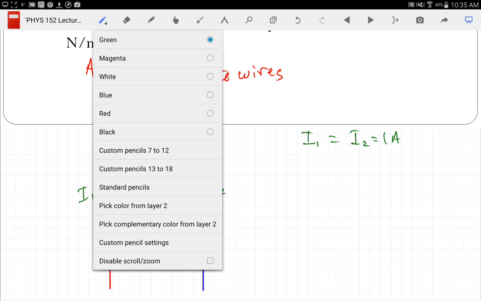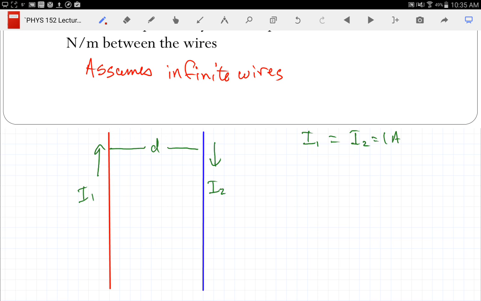So I'm going to have two equations I'm going to have to utilize. I'm going to have B equals mu naught I over 2 pi r. That's the magnetic field produced by a wire with current I going through it at a distance of r away from it. So that gives you the magnetic field. What gives me the force?